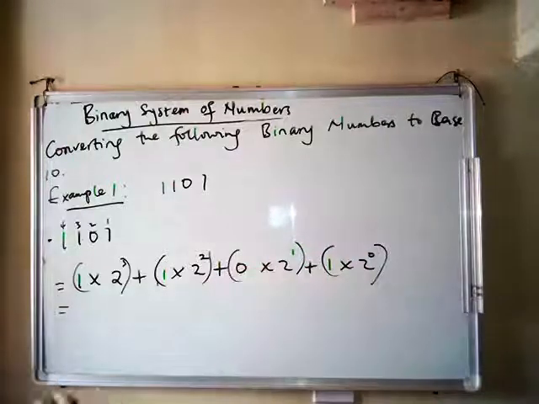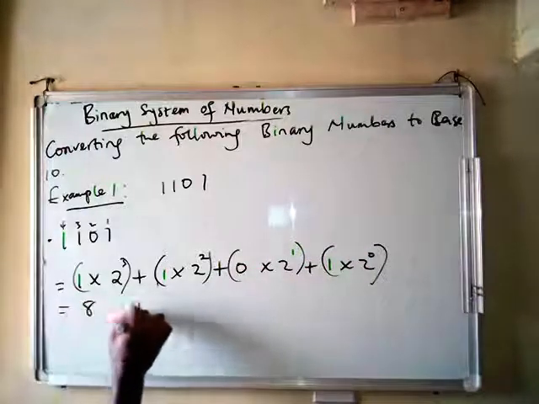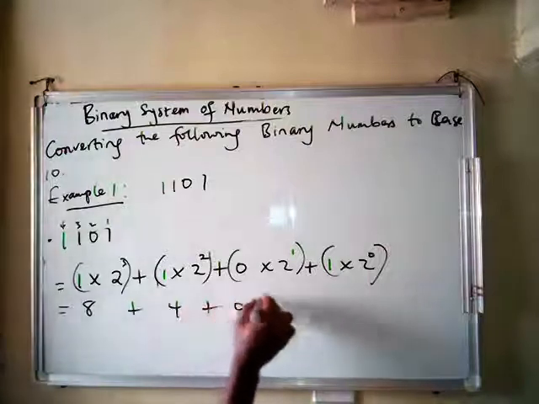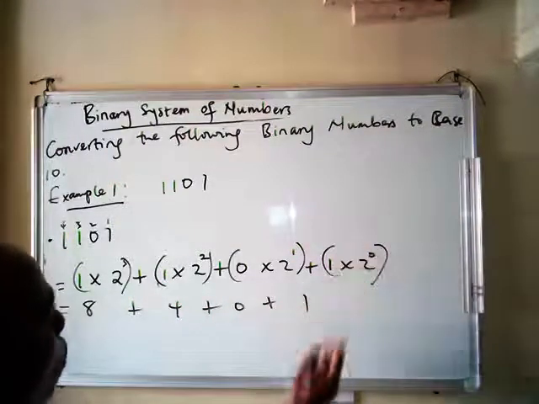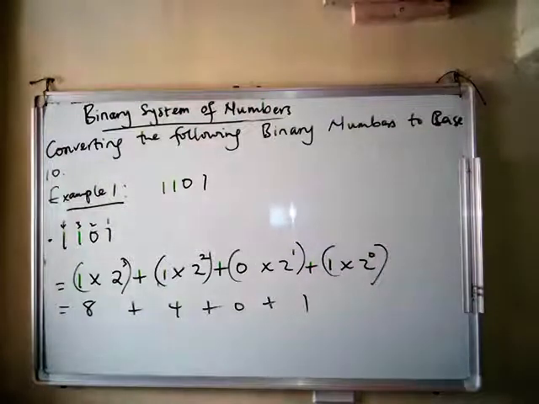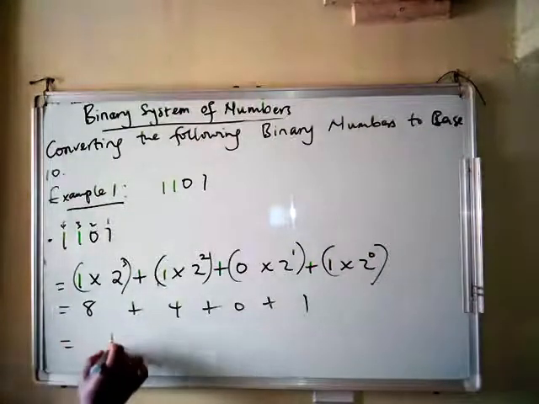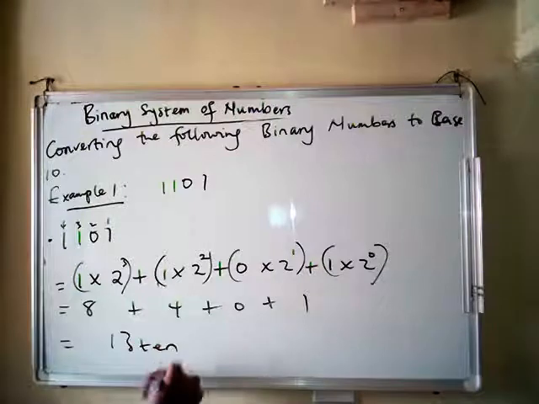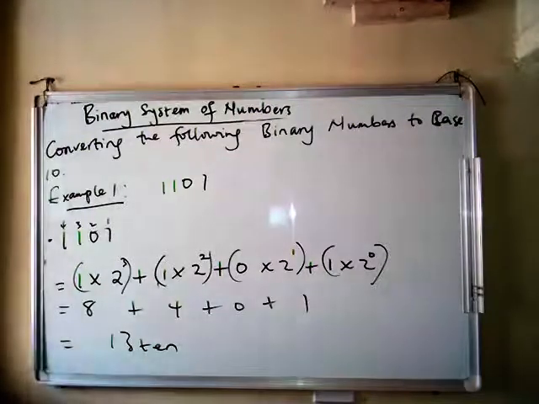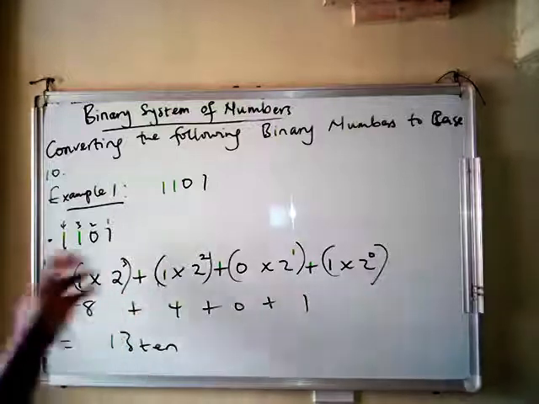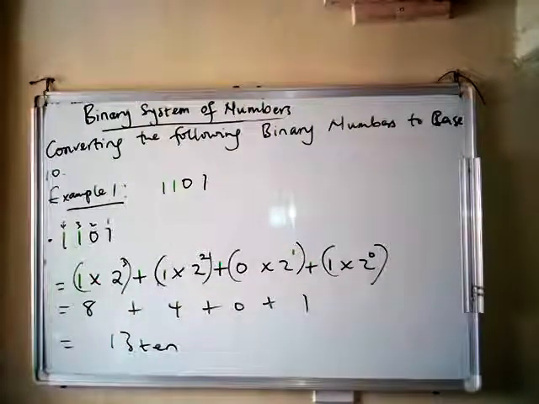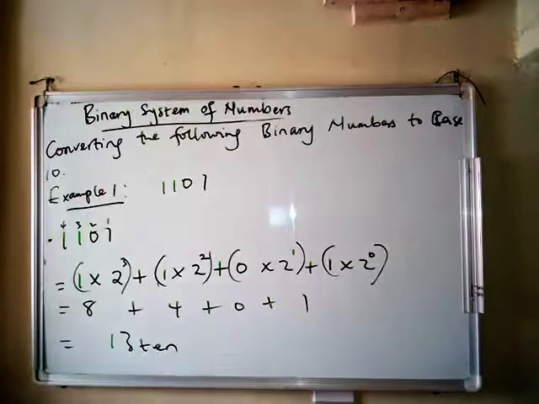So you have 1 0 1 1, which gives us 1 times 8 plus 1 times 4 plus 0 times 2 plus 1 times 1. That is 8 plus 4 plus 0 plus 1, which is 13 base 10, as against the 25.